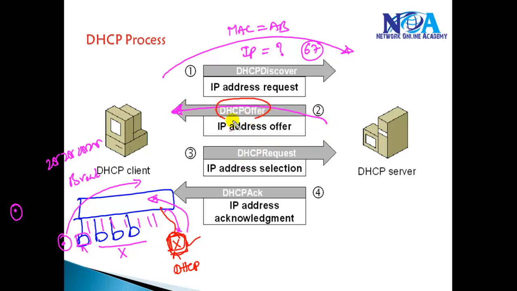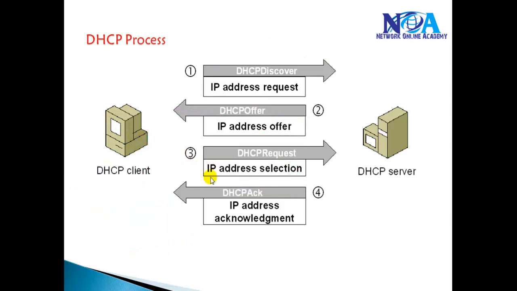In the offer message, the DHCP server offers some range of addresses to the client that requested an IP address. The client selects an IP address from that range and requests that particular address, and then the DHCP server checks the availability of that address and assigns the IP address to the client. This client will get the IP address automatically from the DHCP server based on this DORA process.